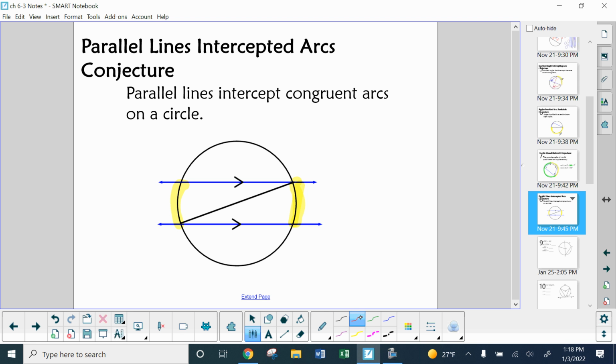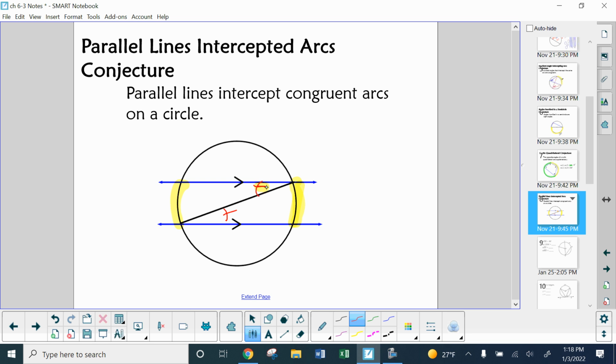If we have parallel lines, and I draw in a transversal, don't forget we have congruent angles, right? What kind of angles are those? Alternate interior angles. So alternate interior angles are congruent.